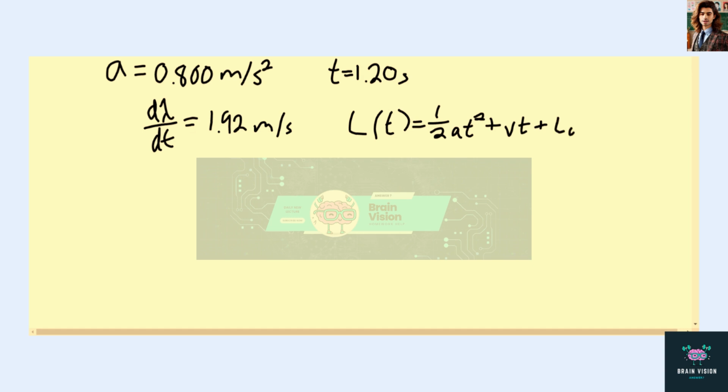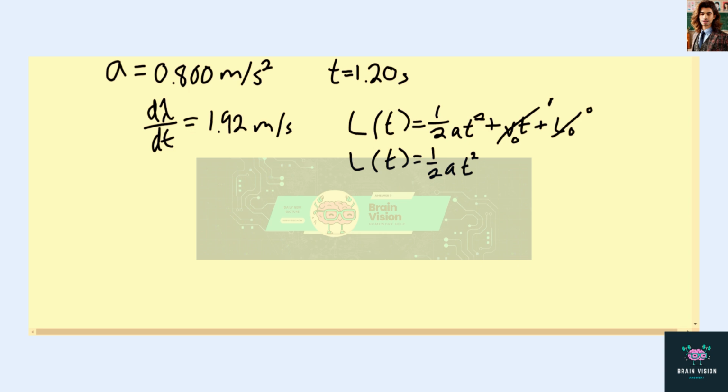The initial length of the string and the initial speed are both 0, so the second and third terms drop out. Our L of t becomes just 1/2 AT squared. And we're given both the acceleration and the moment in time that we're concerned with.